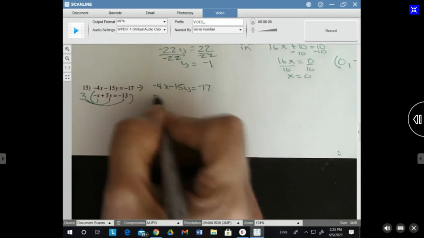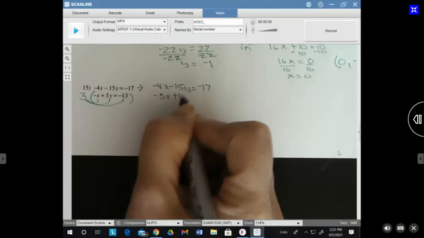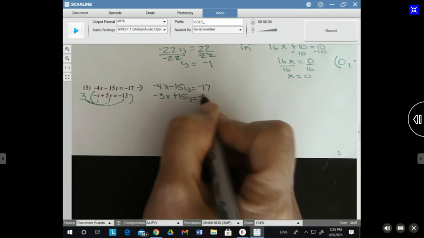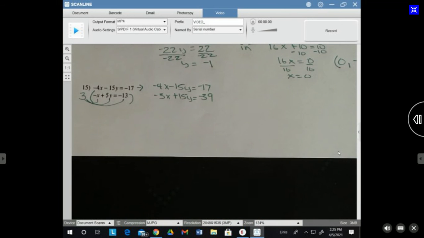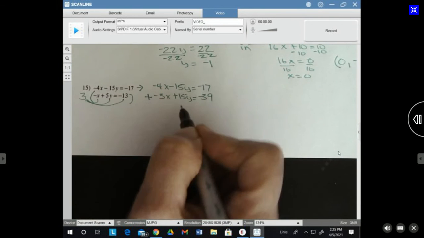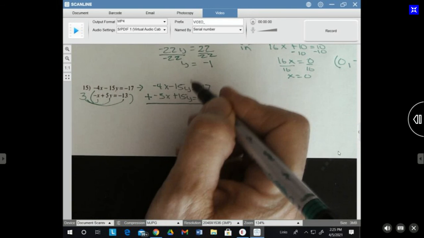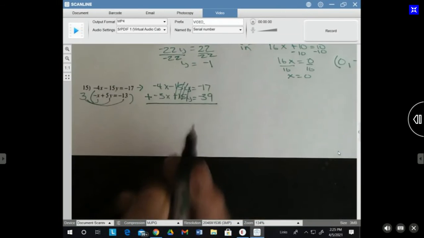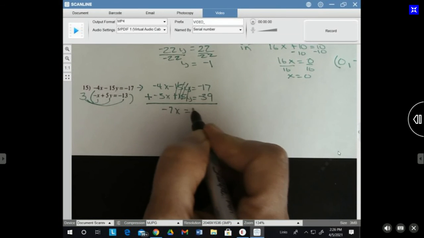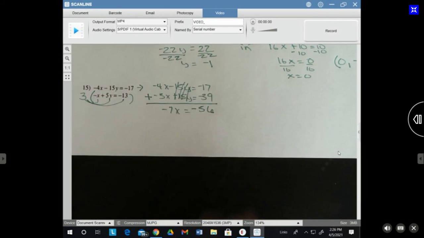So negative 3x plus 15y equals negative 39. Add or subtract? I got a negative 15 and a positive 15. Adding them together, they're gone. Negative 7x equals negative 56. What's 56 divided by 7?